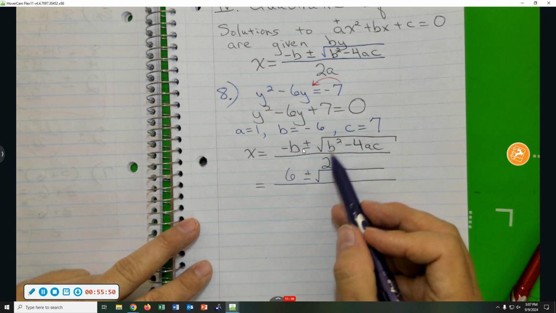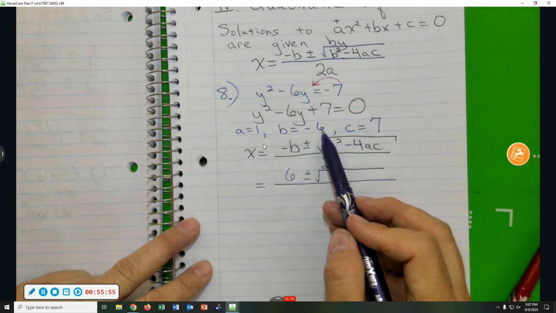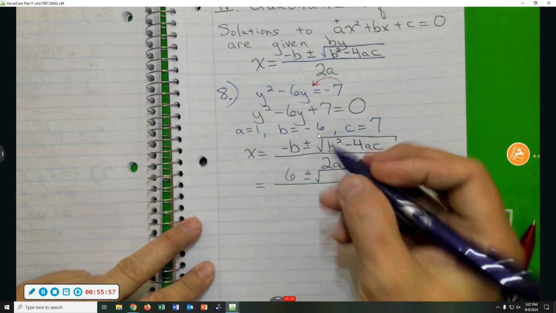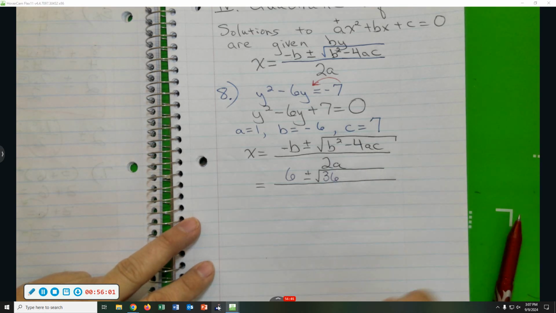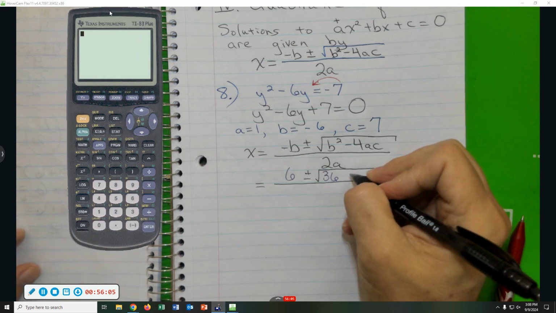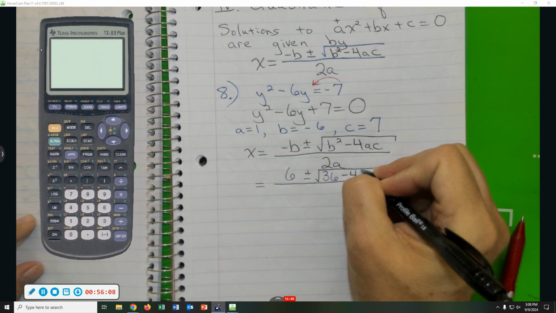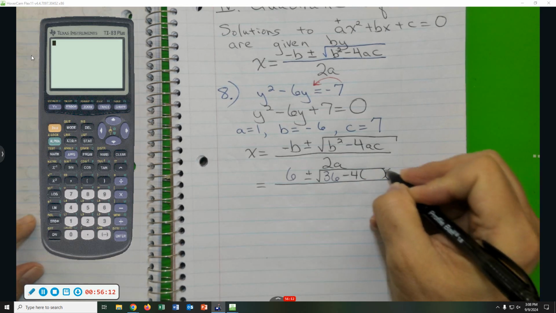B squared, I can do that in my head. Negative 6 times negative 6 will give me a positive 36. Minus 4 times a times c.